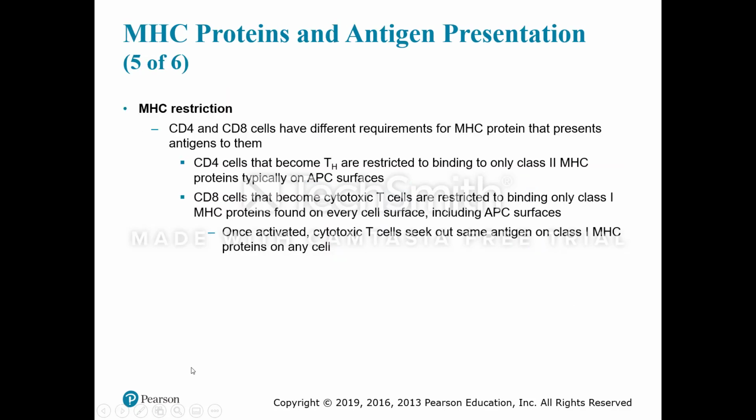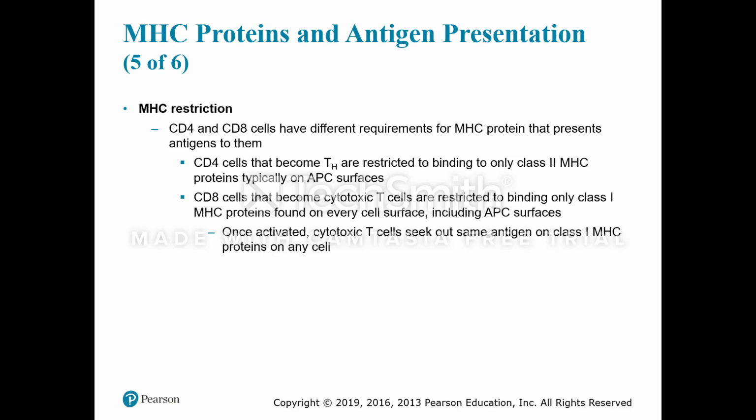There are some restrictions with the major histocompatibility complex. Both the CD4 and the CD8 cells have different requirements for the MHC protein that presents antigen to them. This is important. The CD4 cells that become helper T cells are restricted to binding only to class 2 MHC protein, typically on the antigen presenter surfaces.